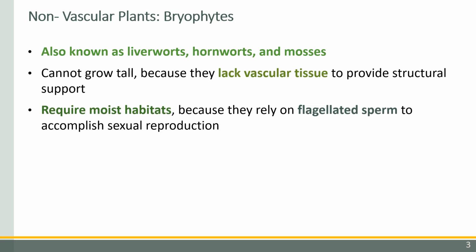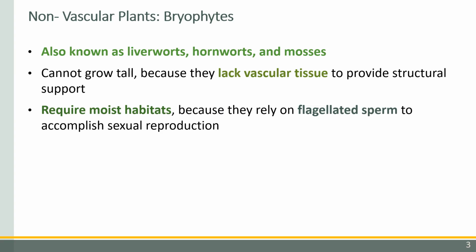It's providing a means to transport water, but it's also providing structural support. And so because our bryophytes don't have a vascular system, they don't have that support which allows them to grow tall. So essentially they're lacking two key things that are going to help them to grow tall. They don't have the vascular system, and they don't have a support system that is provided by the vascular system.